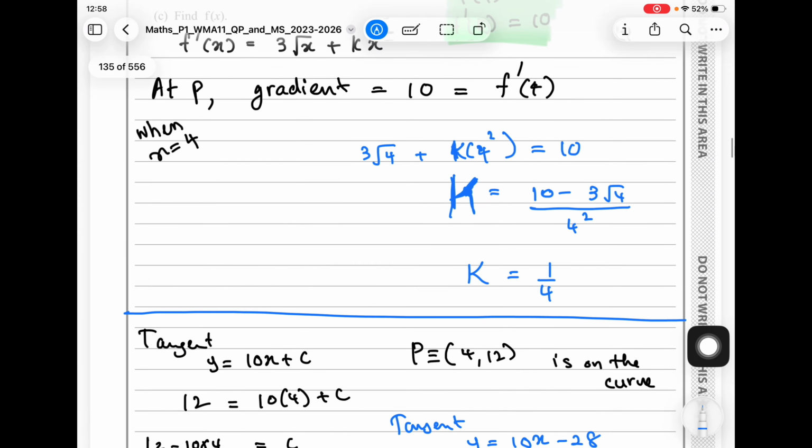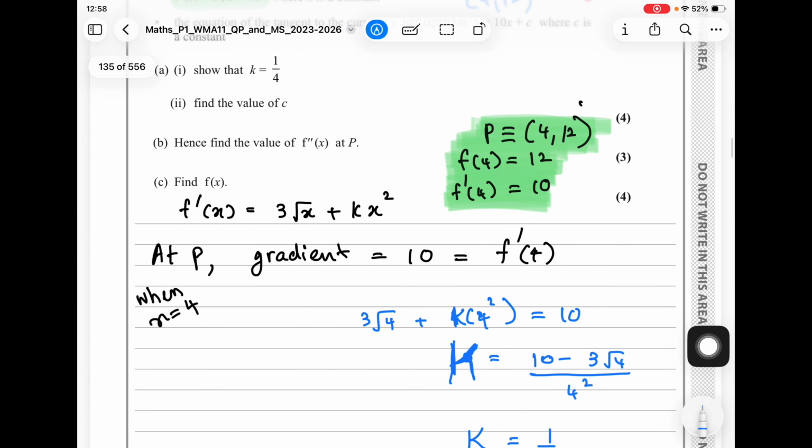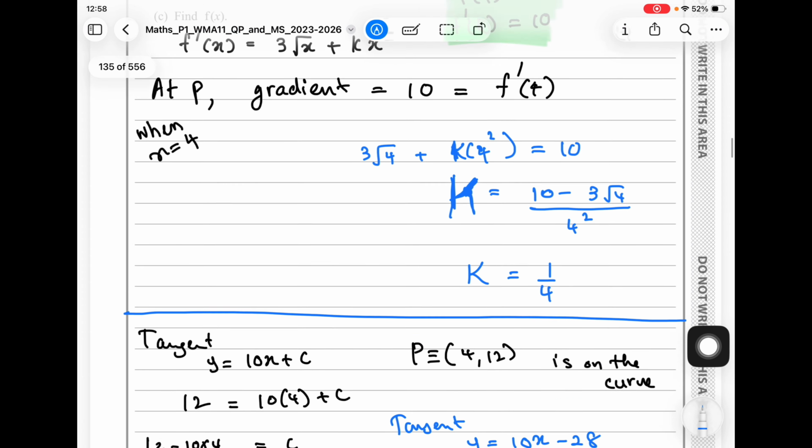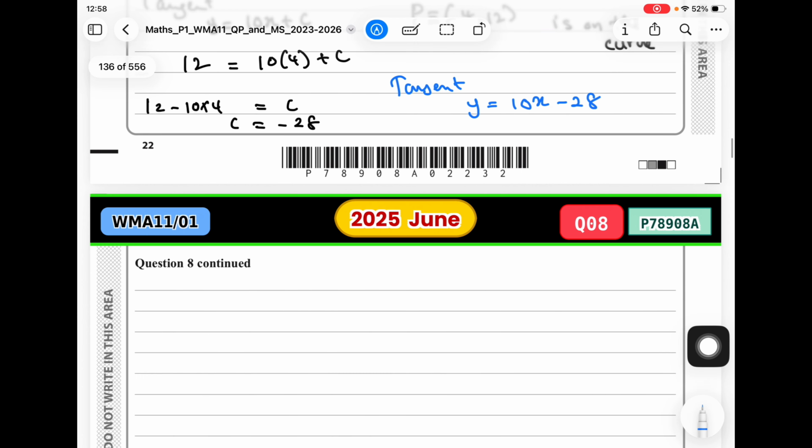So this is Roman numerals 1 and 2. Then they're asking for the value of f''(x).